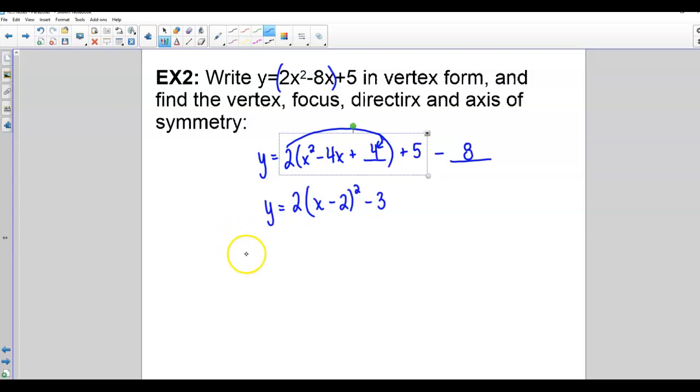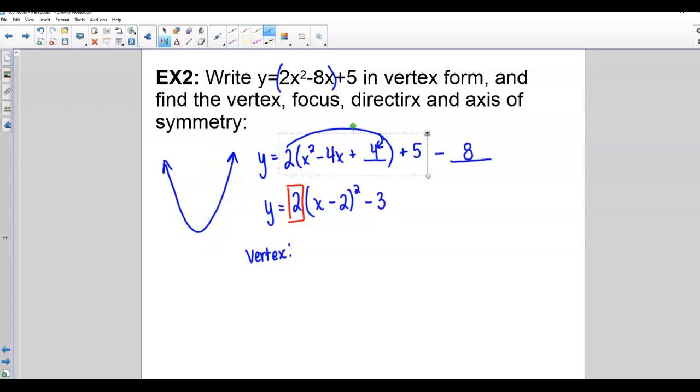So now I can tell that my vertex in this case, actually, before we do vertex, I'm going to sketch a little graph here. This one is going to be a parabola that opens upward, because I know it's a y equals, which tells me that the parabola opens up or down. And because this 2 right here is positive, I know it opens upward.